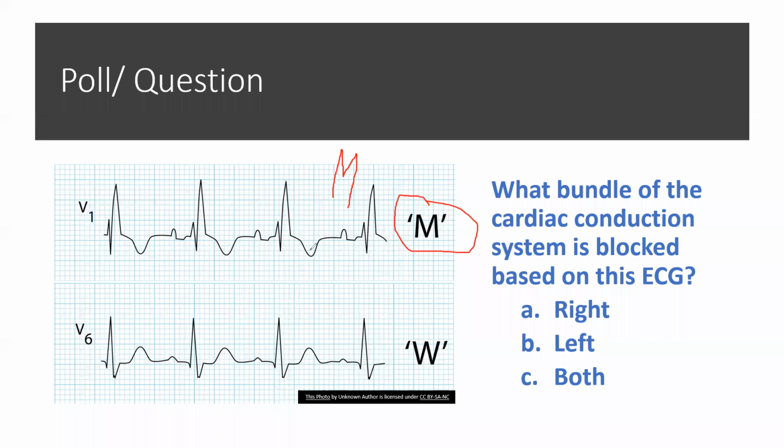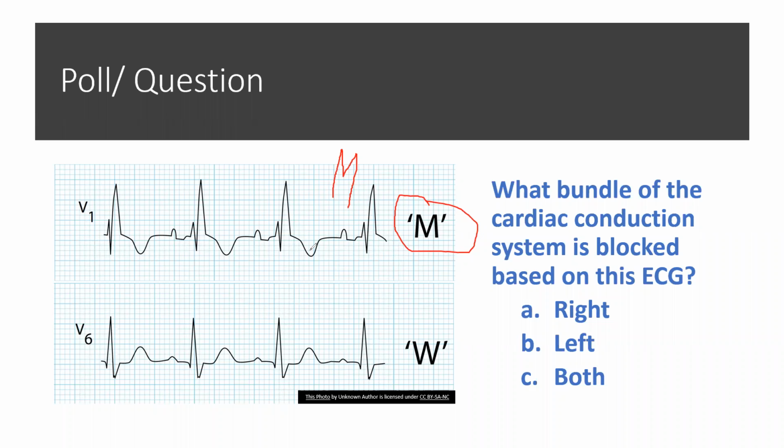So anytime that V1 is going to show an upright complex, like an M, this is going to be a manifestation of a right bundle branch block.